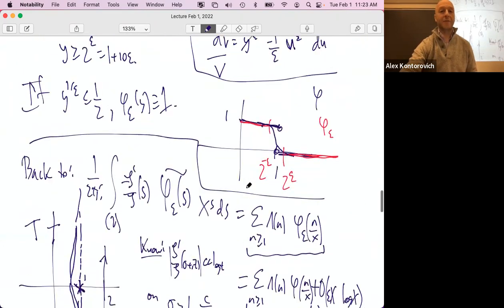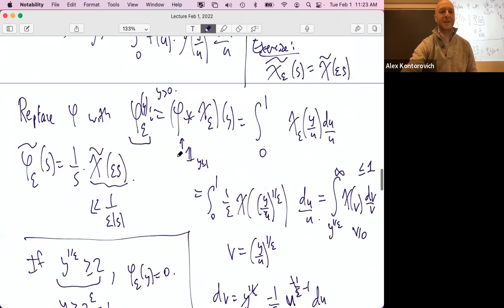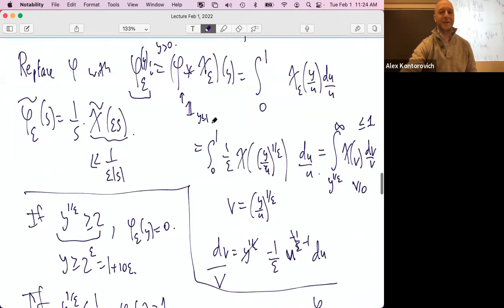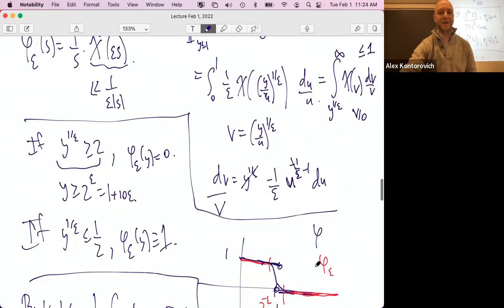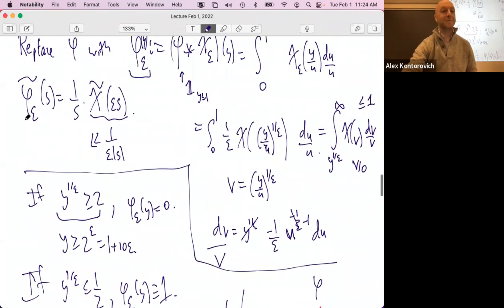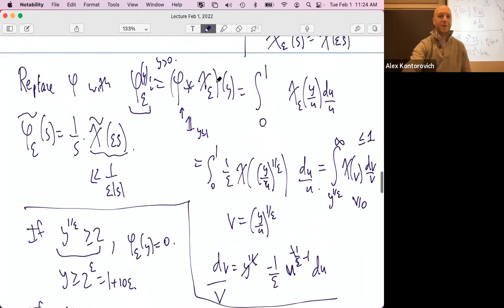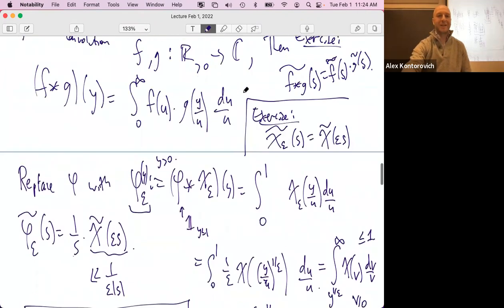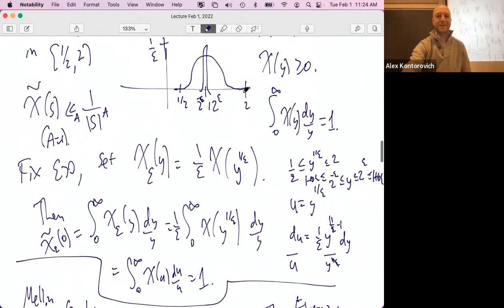Phi epsilon is exactly this function that we created. It's the convolution of phi and psi epsilon. That's this function, psi epsilon. And is it a meromorphic function? It's in fact an entire function. Well, it has this 1 over s in front. So it's just the product, because convolution under transforms becomes the product.